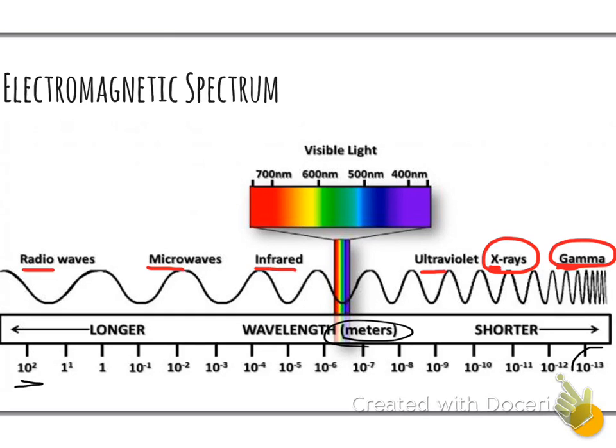But one gamma ray is 1 times 10 to the negative 13th meters. So you can see there's a large range of the distance in one wavelength for the different types of waves. We're going to come back to this slide because we're going to be using this once we figure out how to find the different values of the wavelengths of waves.